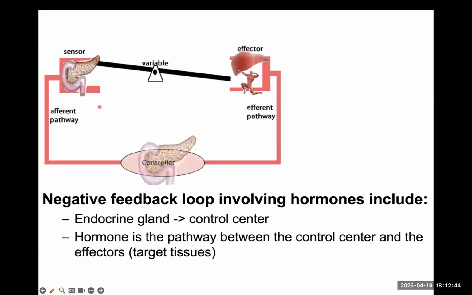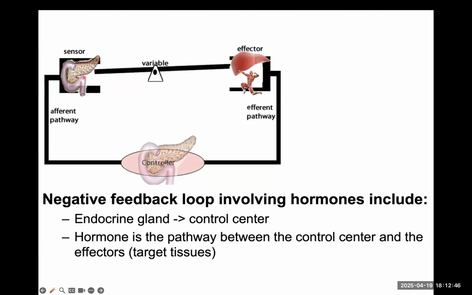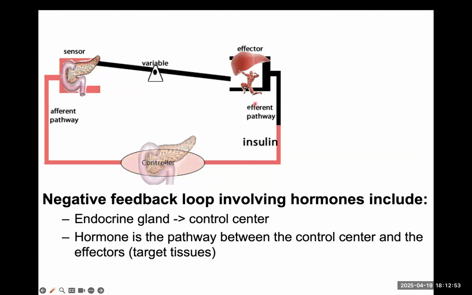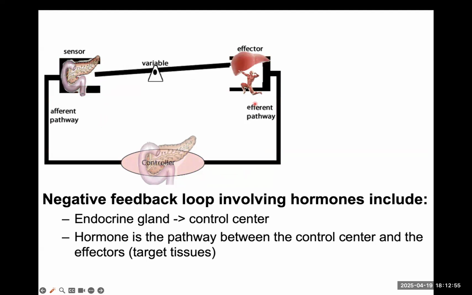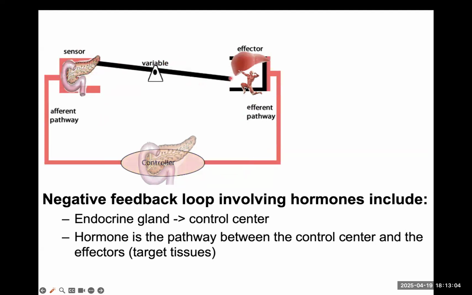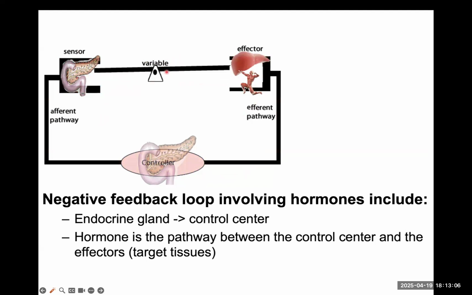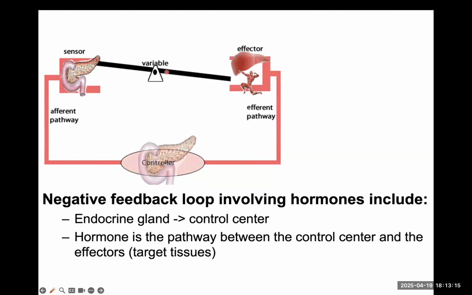Once the seesaw goes up, it causes this to release insulin, insulin goes out and takes care of the blood sugar, and it's going to go to the liver, and that's going to basically stop this organ from releasing the insulin because it's going to change how the seesaw is. You don't want your blood sugar level to stay up all the time. You don't want your seesaw to stay up. So how do we get the seesaw to go down?